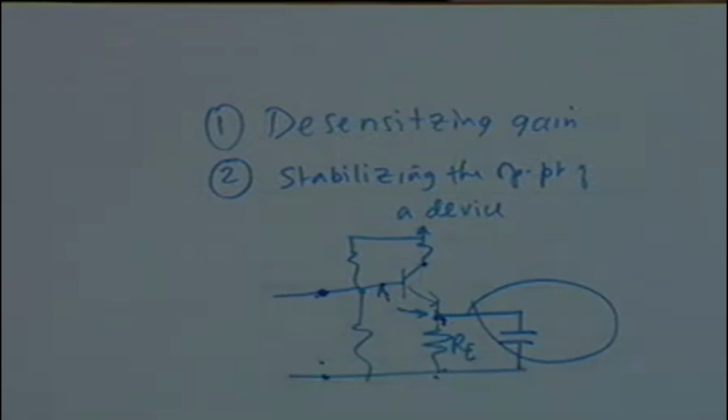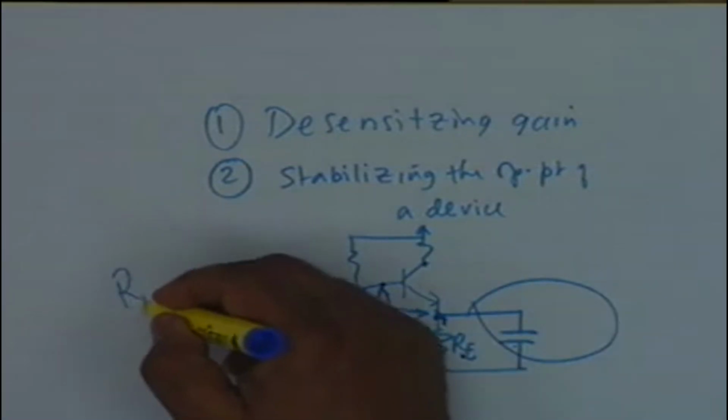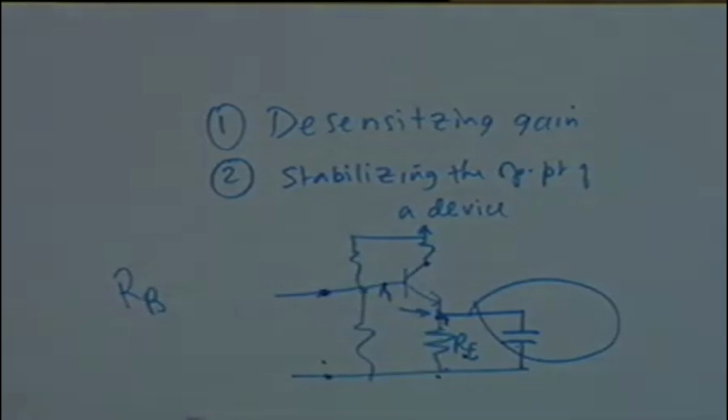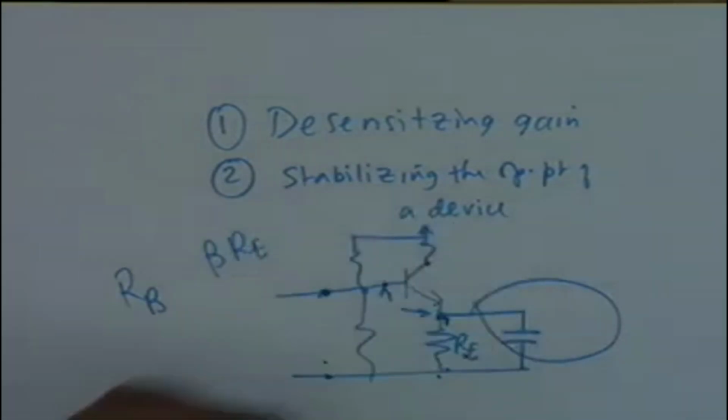Now at DC it is not shorted. At DC the capacitor is open, and therefore at DC there is negative feedback through RE, and it is this negative feedback which stabilizes the operating point. And you know that RE is to be so chosen that RB is, what is the relation? Which one should be greater?